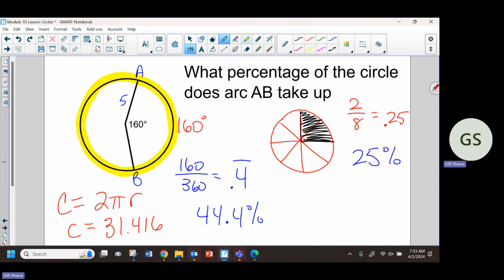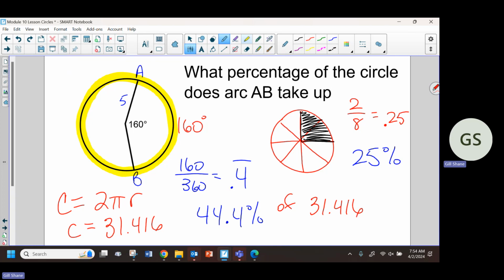The calculator does have a percentage button, so you can just say 44.4 and then hit the percent button. Of means times. If I want 44.4% of 31.416, of means multiply. You don't automatically know that, you need to write it down.